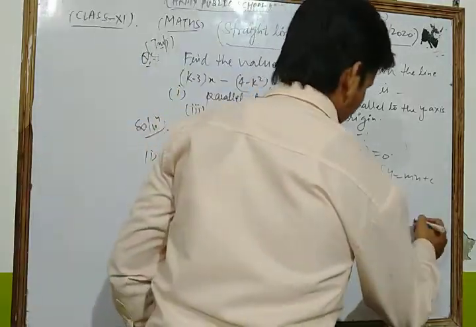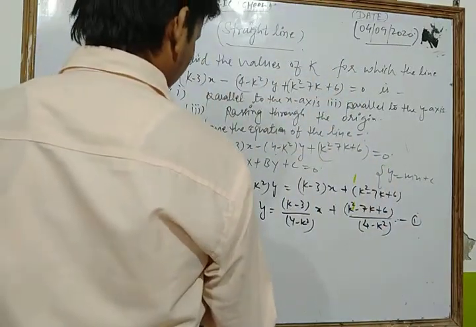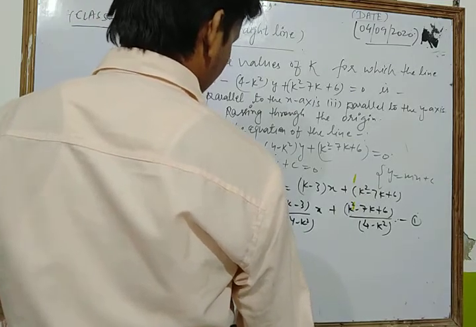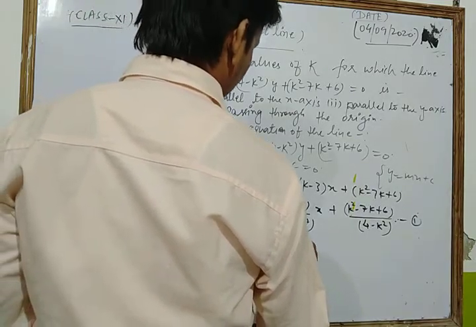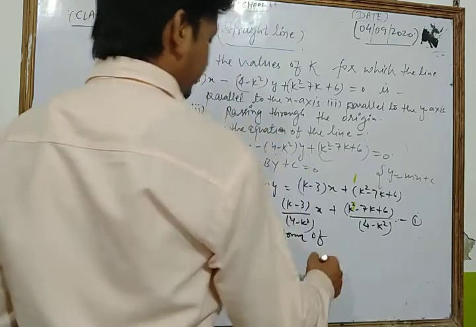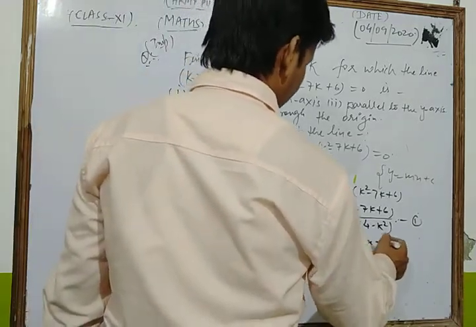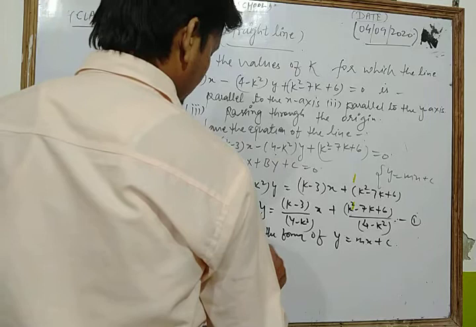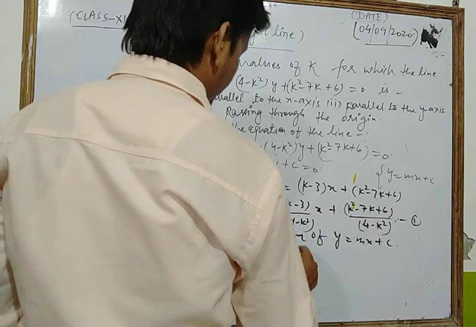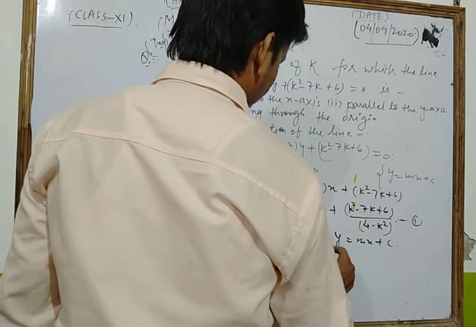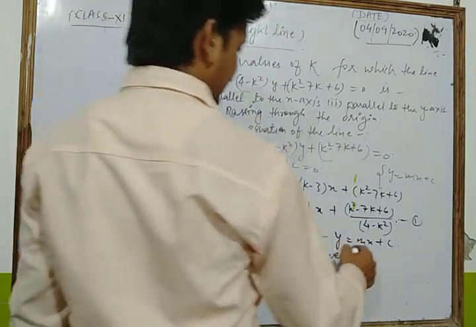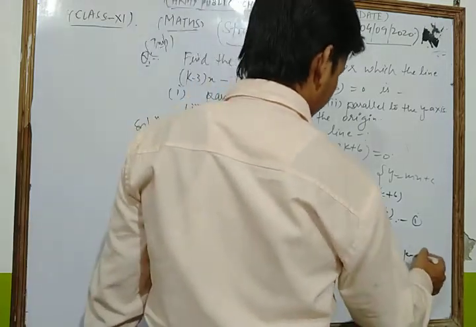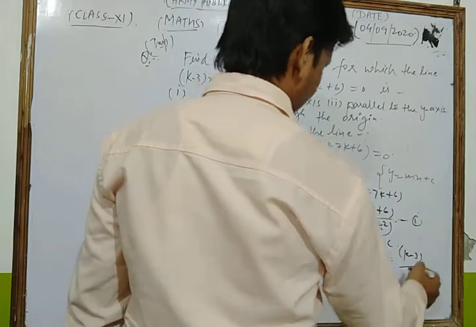Take this as equation 1. Equation 1 is in the form y is equal to mx plus c, so the slope of the given line is m is equal to (k minus 3) upon (4 minus k square).